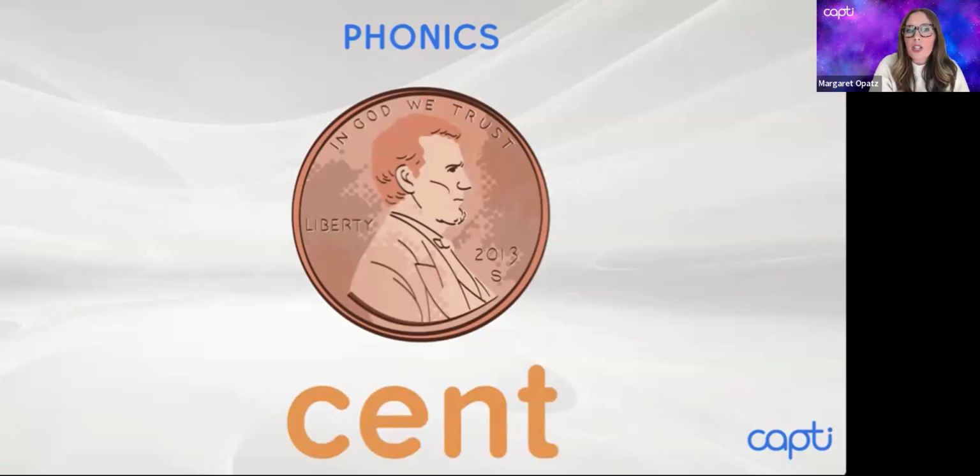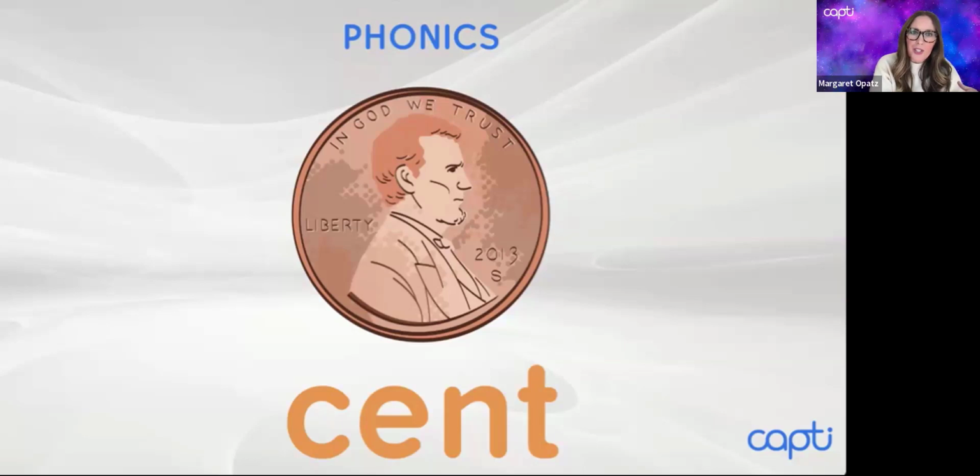So then I had to teach another rule, and things started to get a little bit confusing. I had to teach that rule where C says s anytime it's followed by E, I, or Y. So my students had that one-to-one letter correspondence, but we needed to go further than that, into a deeper level of skills within word recognition and decoding.